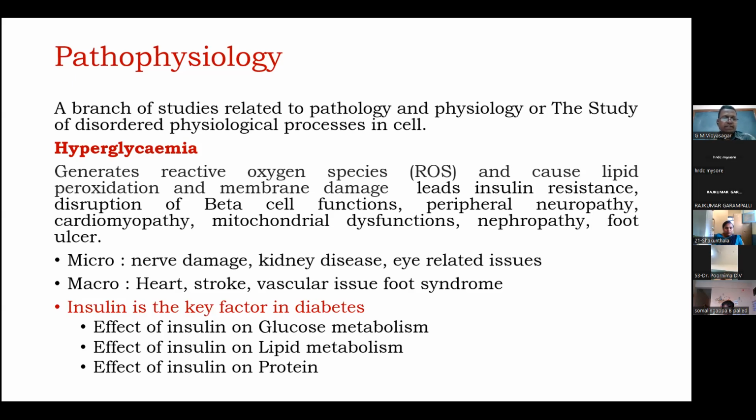So this we can study in three components or three parts. Insulin is the key factor in diabetes, and we can study this in three groups. One is the effect of insulin on glucose metabolism. Another one is the effect of insulin on lipid metabolism, and third one, we can study the effect of insulin on proteins.